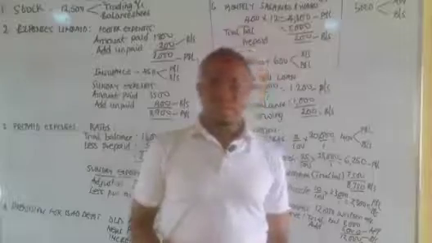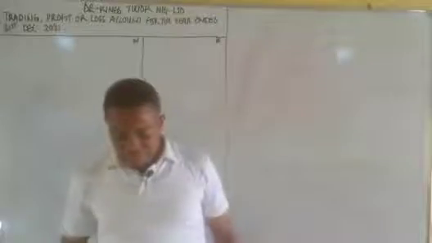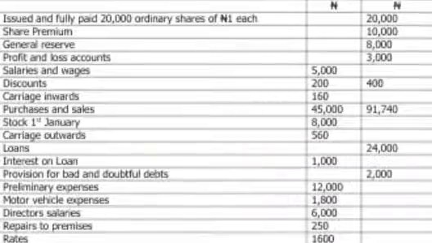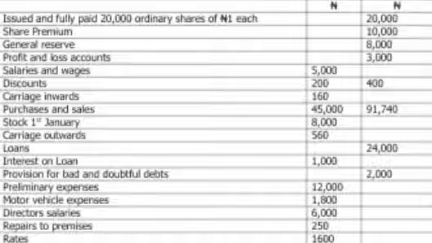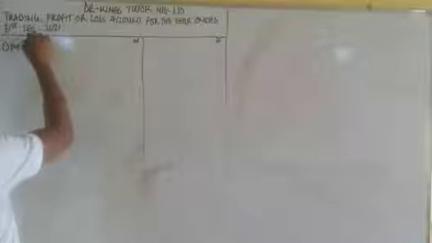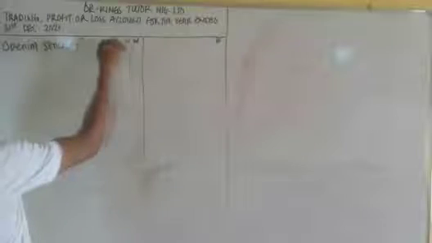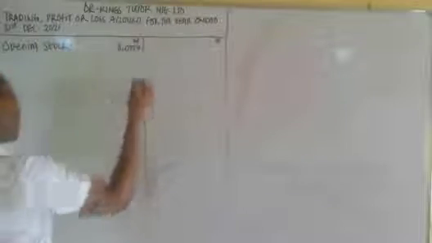Now, let's prepare that. Okay, now if we look at our trial balance from the question there, let's start from the items that we are given, that are supposed to appear in the profit or loss account. The first item there, you'll see, is stock. That is supposed to come here. So we write our opening stock, which is 8,000.